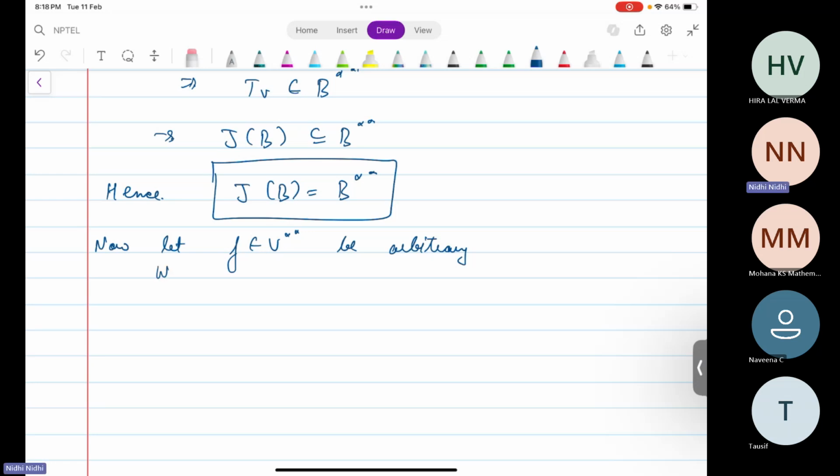Without loss of generality, let F be non-zero, because clearly 0 is mapped to 0 and we don't need to look for its pre-image.